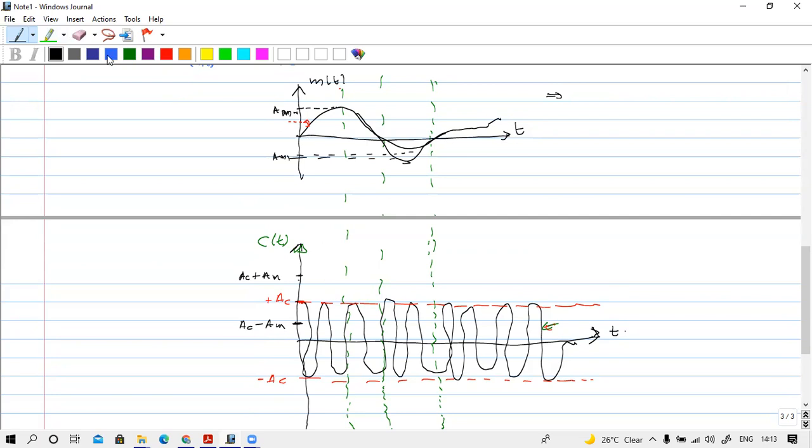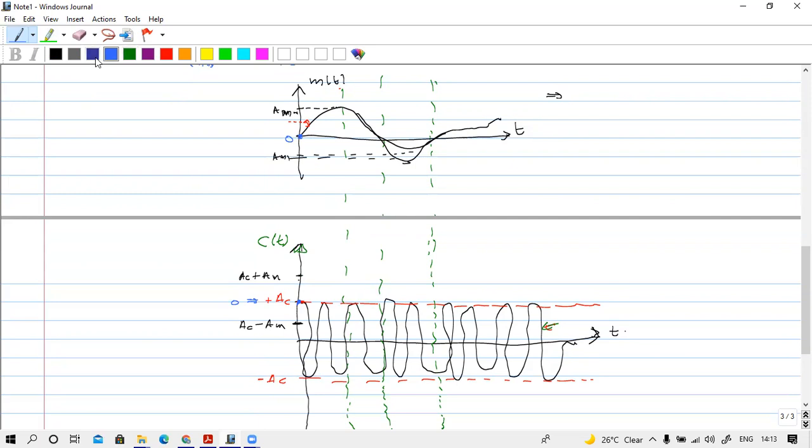So you can see that if we draw the amplitude in carrier frequency with respect to this message signal, it will look like this. Here it is starting from 0, the reference 0 for drawing the envelope.